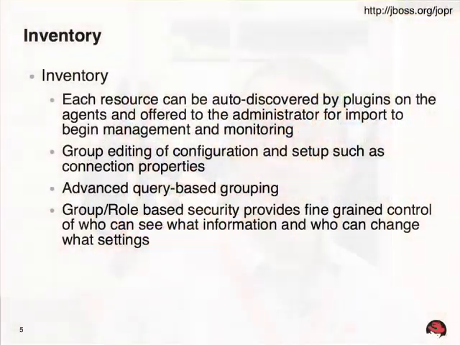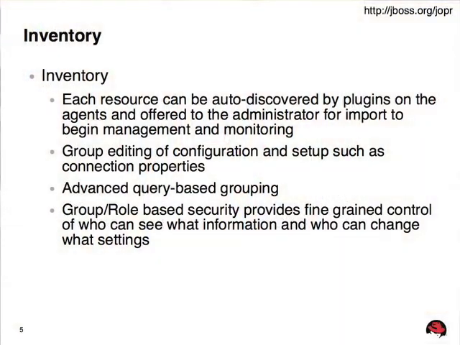So the inventory system ties everything together. All the boxes that you're managing with this system will come into the inventory. Auto discovery is a big important feature, so when you install an agent, it'll actually go out onto that box and look for everything that it understands. Based on the plugin system, it'll be able to find the operating system, network interfaces, file systems, running JBoss application servers, Apache instances, Tomcat instances, all the different things we can manage and monitor.